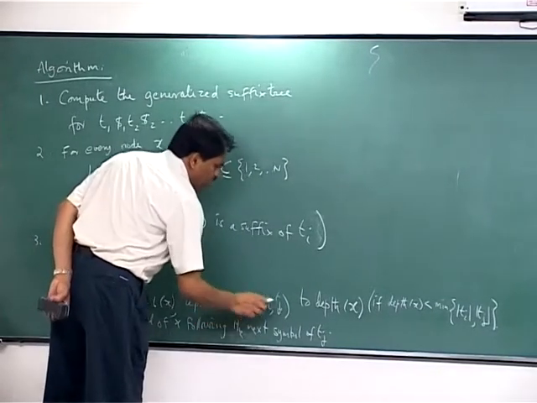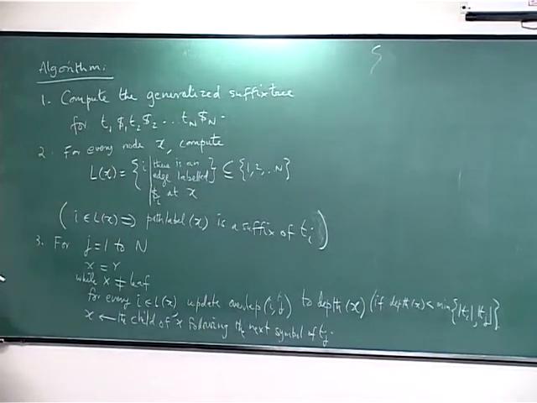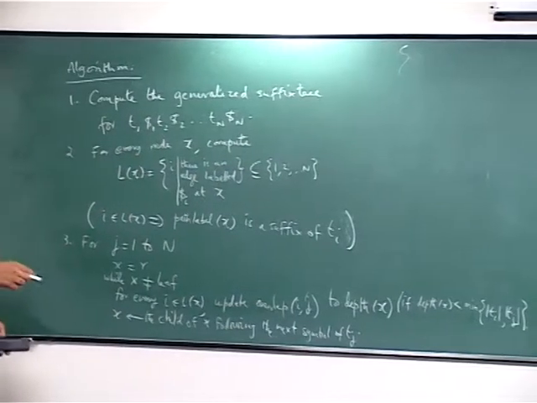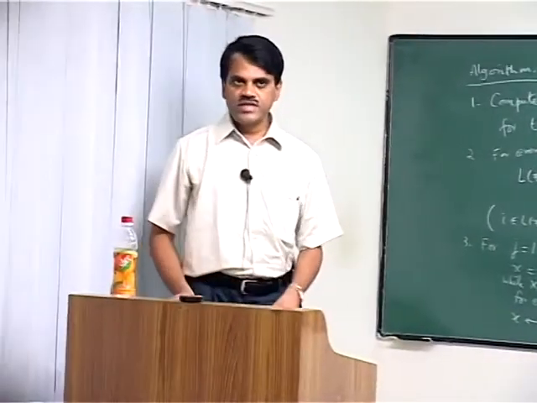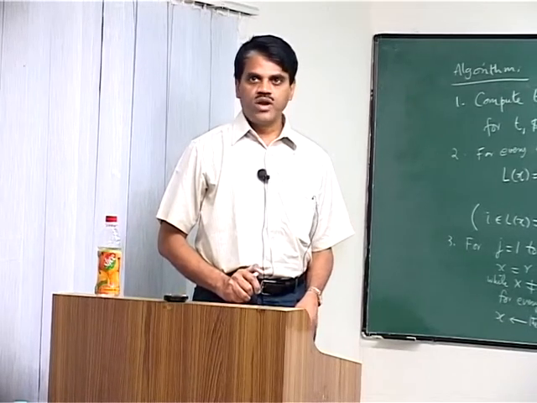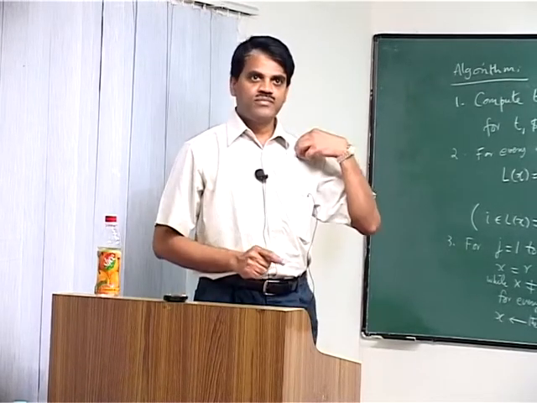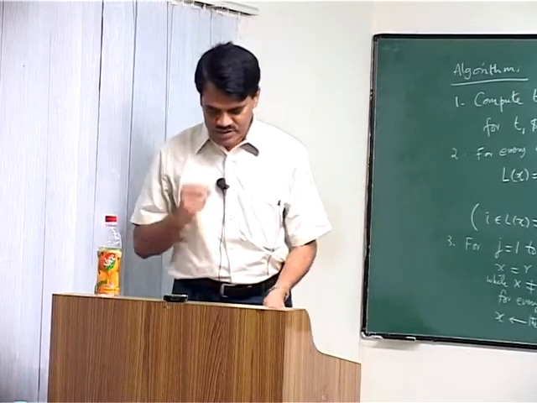Basically, overlap of Tj with everybody else is what I'm computing now. So, does anybody already see the whole thing? Okay. So, we'll go over it slowly.